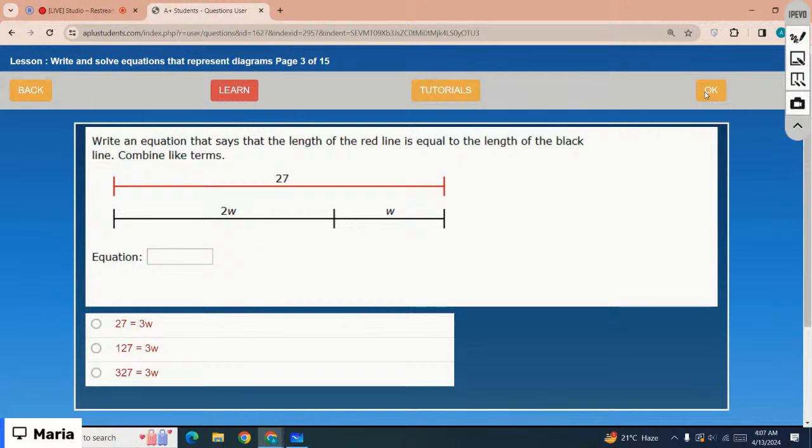So which is the correct option? 27 equals 3w, right? Option number 1 is the correct option.